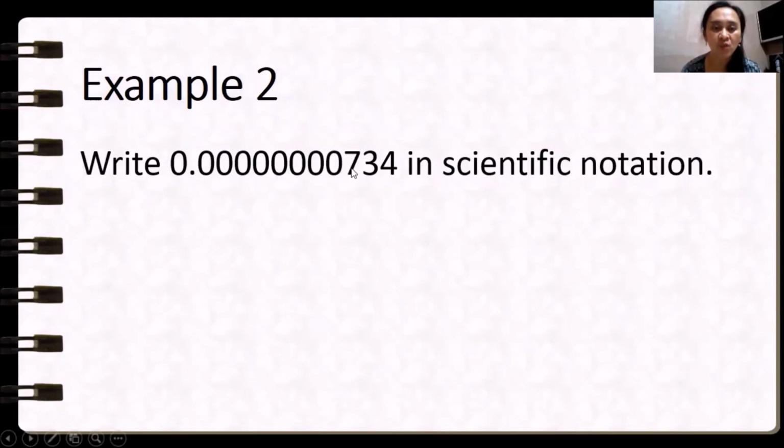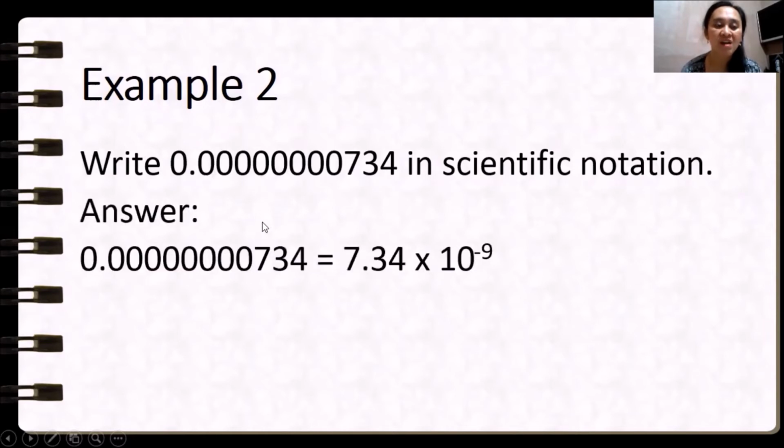So 7, 1, 2, 3, 4, 5, 6, 7, 8, 9. Therefore, our final answer for the decimal form is equal to 7.4 times 10 to the negative 9. So I hope clear po ang example number 1 and number 2. Standard and decimal form change to scientific notation.